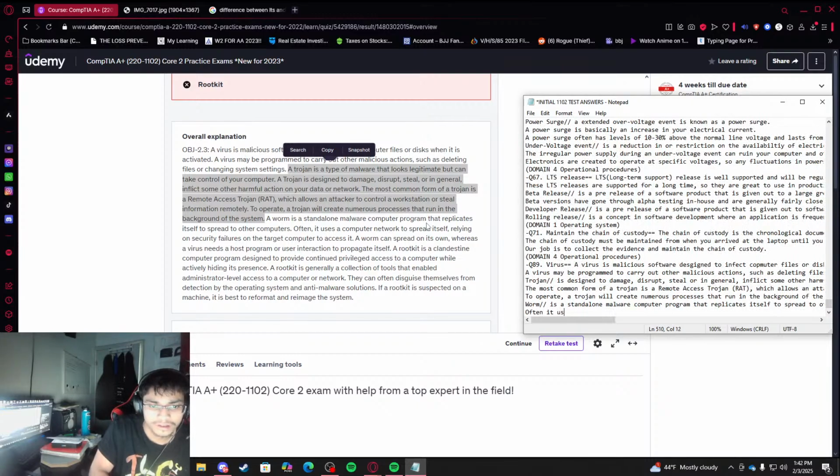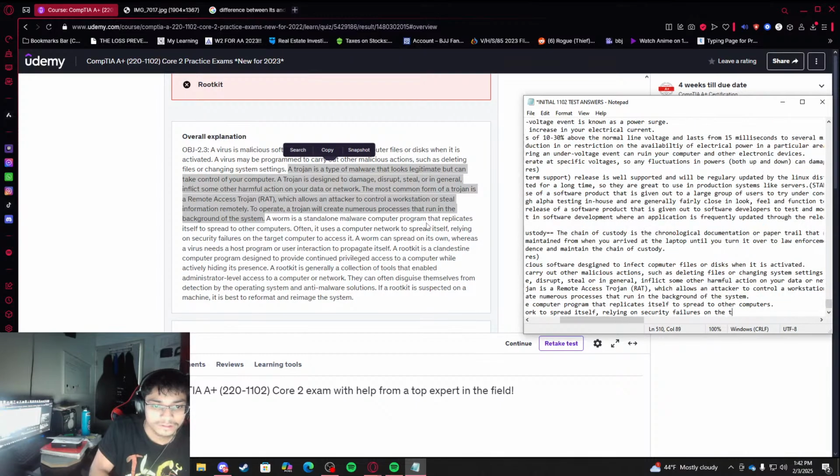Often it uses a computer network to spread itself, relying on security failures on the target computer to access it.